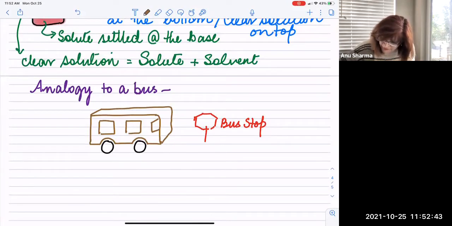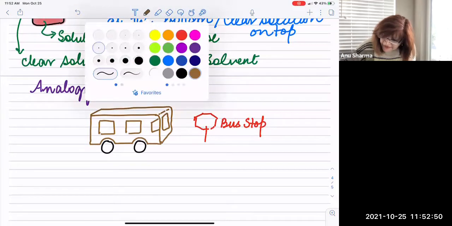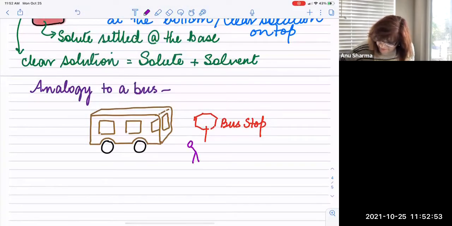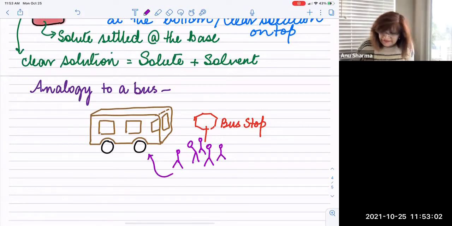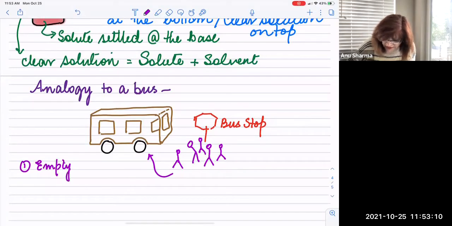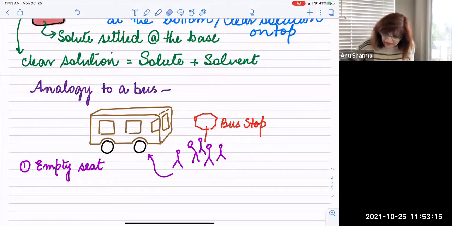These people want to board the bus, so when the bus comes, they board it. When they get in, they take the empty seats and sit wherever they want. So first, all the empty seats get occupied.